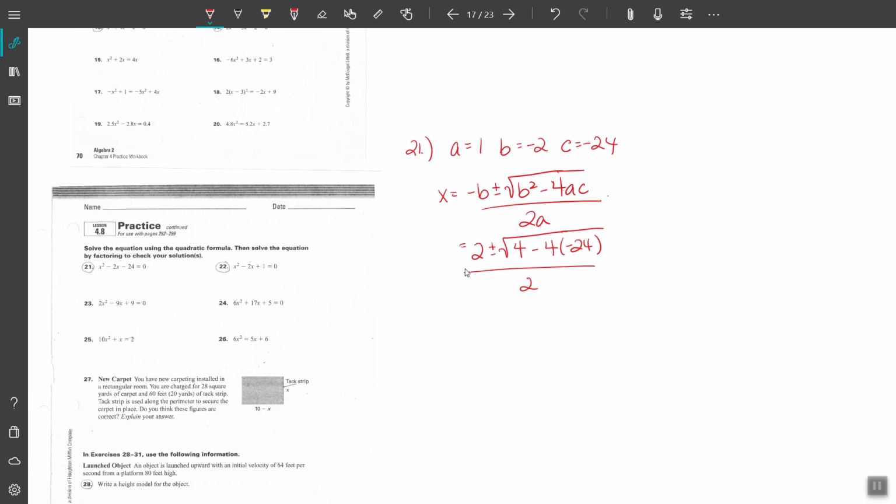Don't try to do any of it in your head if you find that you're making careless errors. Even at that, I don't do everything in my head. I would write down a lot of things that I feel like maybe I would make a careless error on, like this right here. Okay, so I want to remember that that was a negative sign, so those two together are going to give me a positive number, and that will be a 96 there.